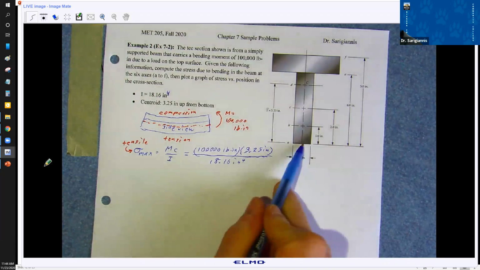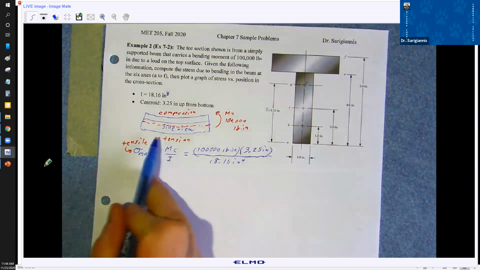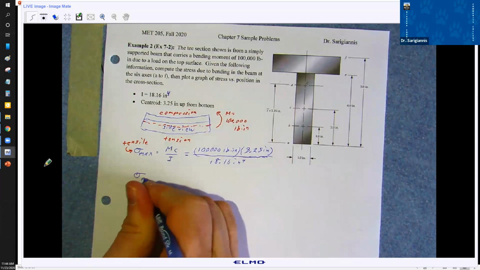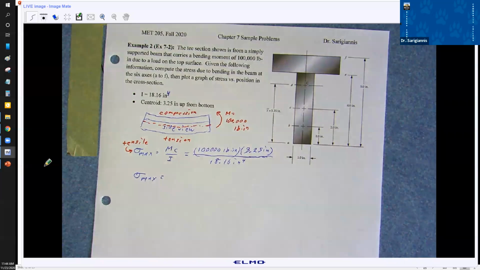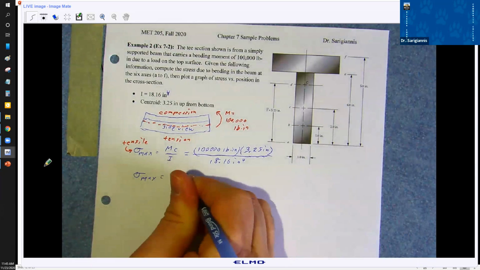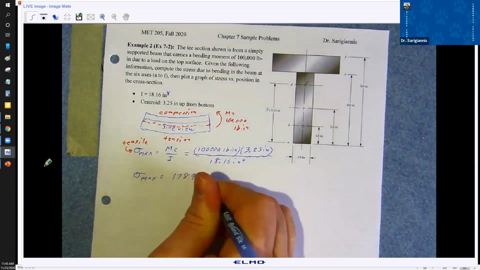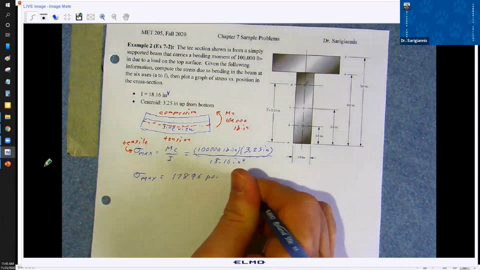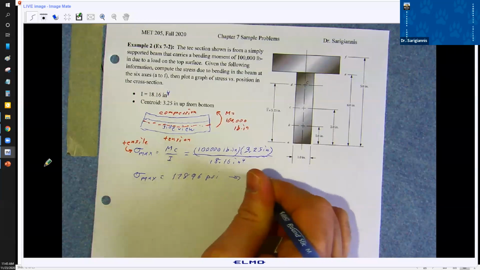Because we're looking at the distance to the bottom of the beam, which is in tension, sigma max here becomes 17,896 psi, which I'm going to round up to 17,900 psi.